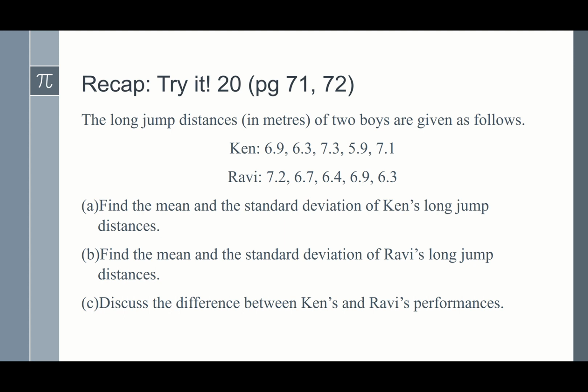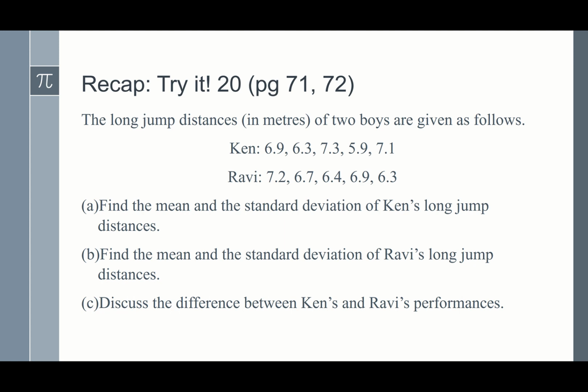Remember, we went through in the previous lessons that comparing mean is basically to see which one does better. So for example, if the mean of class A in a maths test is higher than the mean of class B in a maths test, then of course class A generally did better. And standard deviation is simply a way to measure consistency.